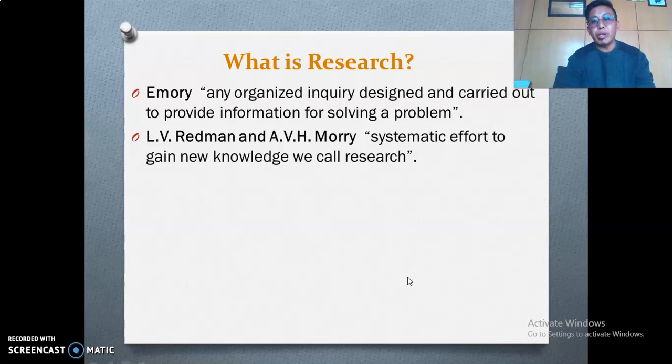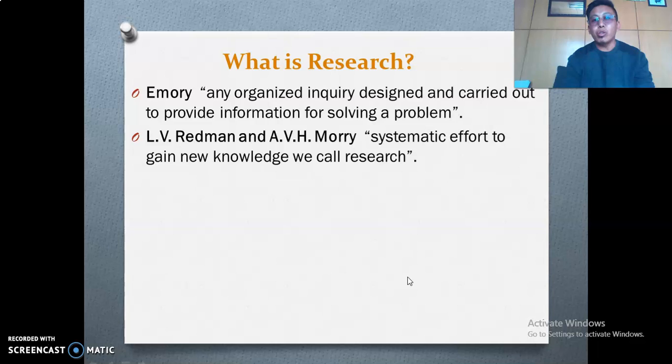So before we begin, I'll do a quick recap about what research is. As Imore has said, it is any organized inquiry designed and carried out to provide information for solving a problem. So research is about study, a study about any issue.